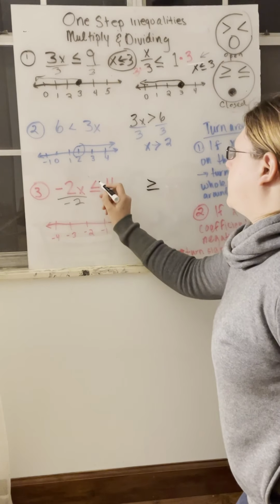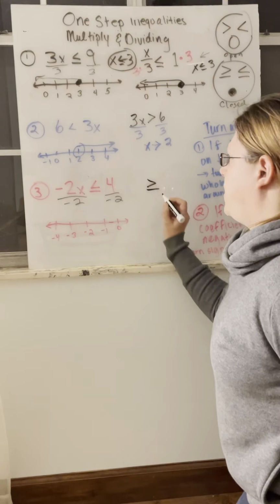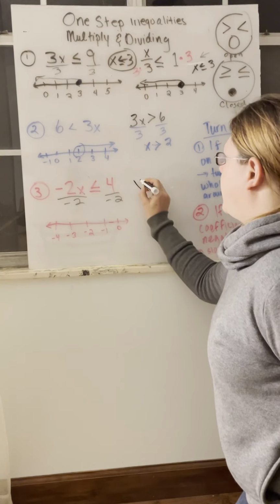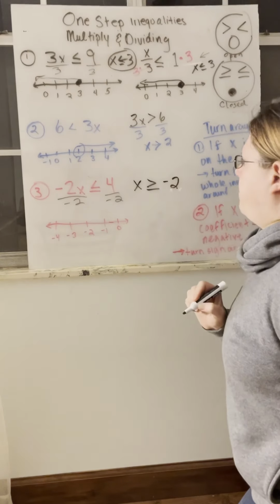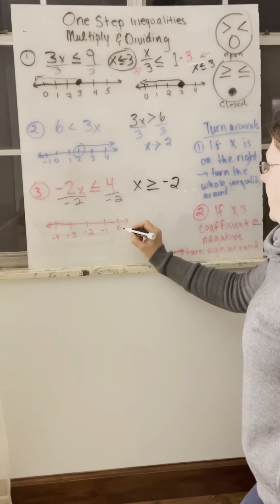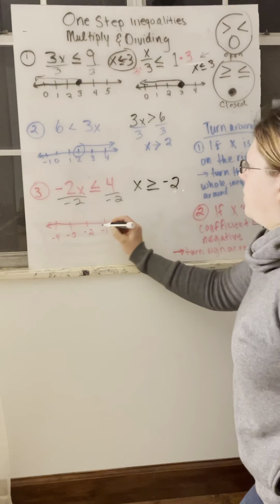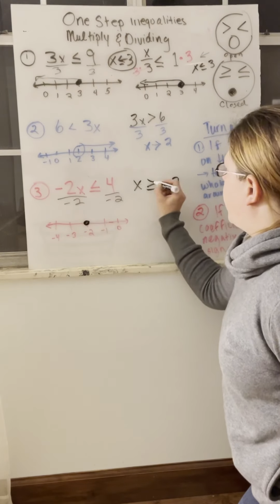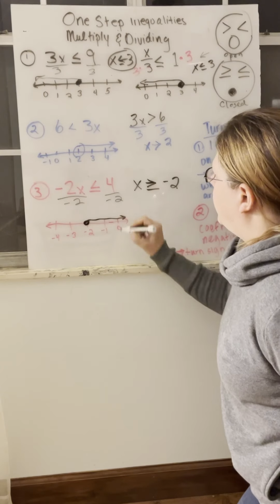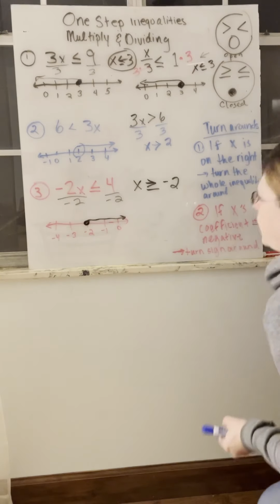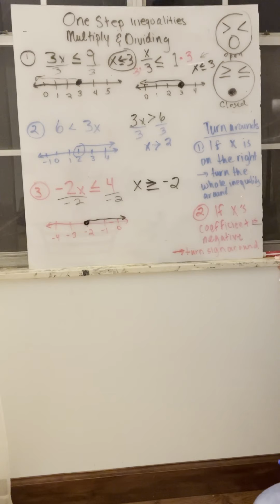So it was less than or equal to, now it's greater than or equal to. And 4 divided by negative 2 is negative 2. Now we're going to graph it. It's going to be a closed circle at negative 2, and my arrow is pointing to the right. That means any number that is negative 2 or greater than negative 2 will make this inequality true.